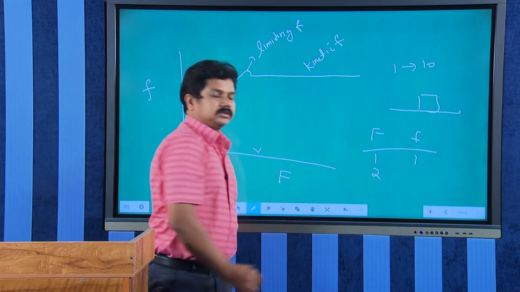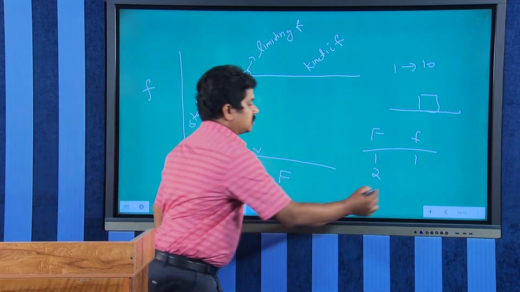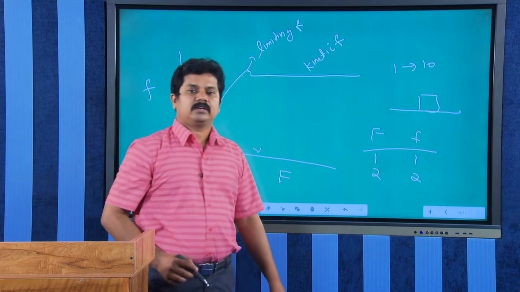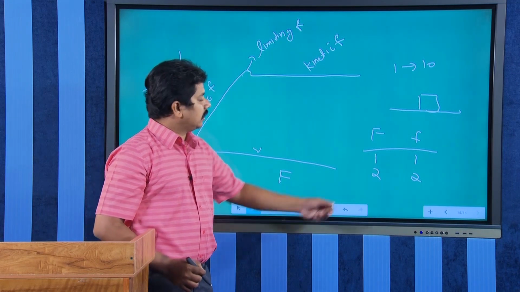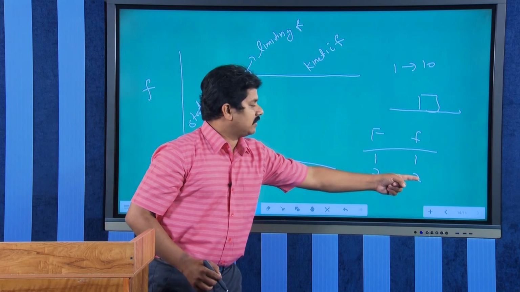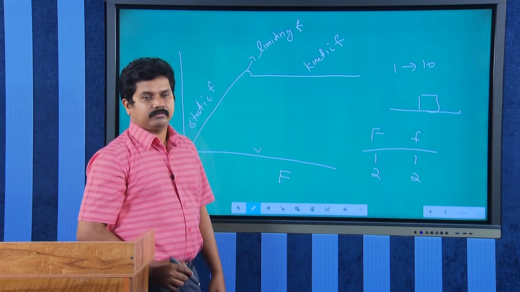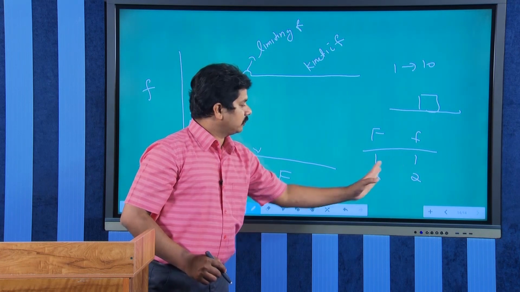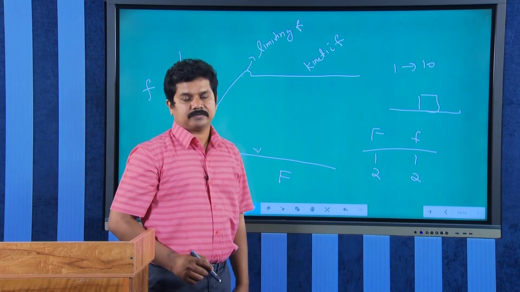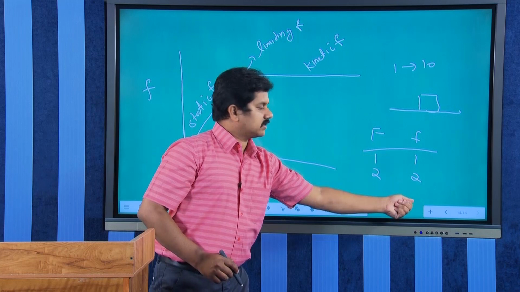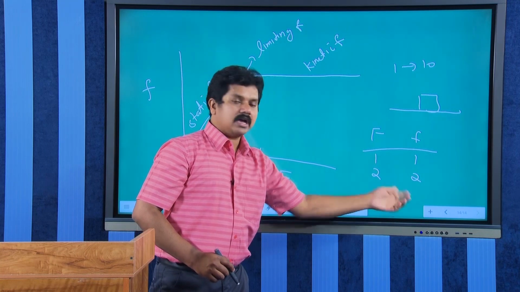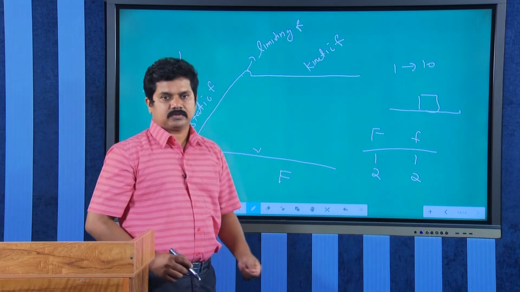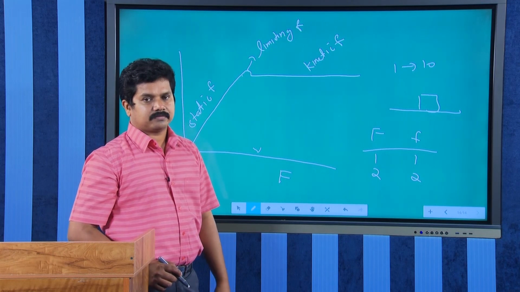When applied force increases to 2, friction also increases to 2, right. When it changes to 3, it will also change to 3, meaning that friction is what? Self adjusting. So, it is based on the applied force actually, right. So, the static friction based on the applied force here, it is self adjusting, we can say.